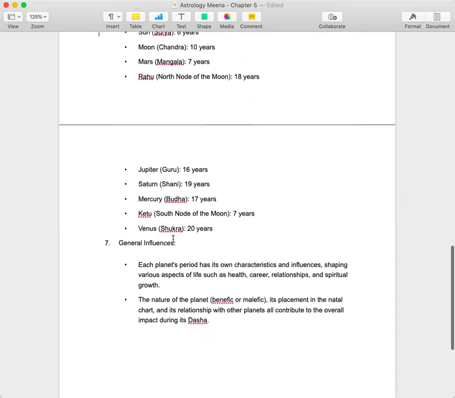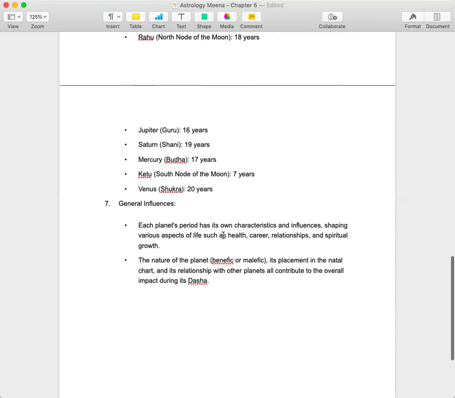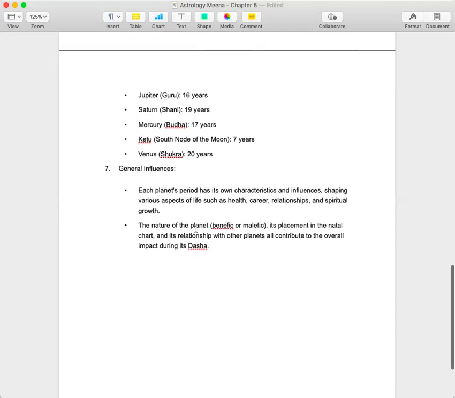So what are the general influences? Each planet's period has its own characteristics and influences, shaping various aspects of life, such as health, career, relationships, and spiritual growth. The nature of the planet, whether it's ascending or descending, benefic or malefic, its placement in the natal chart, and its relationship with other planets all matter.